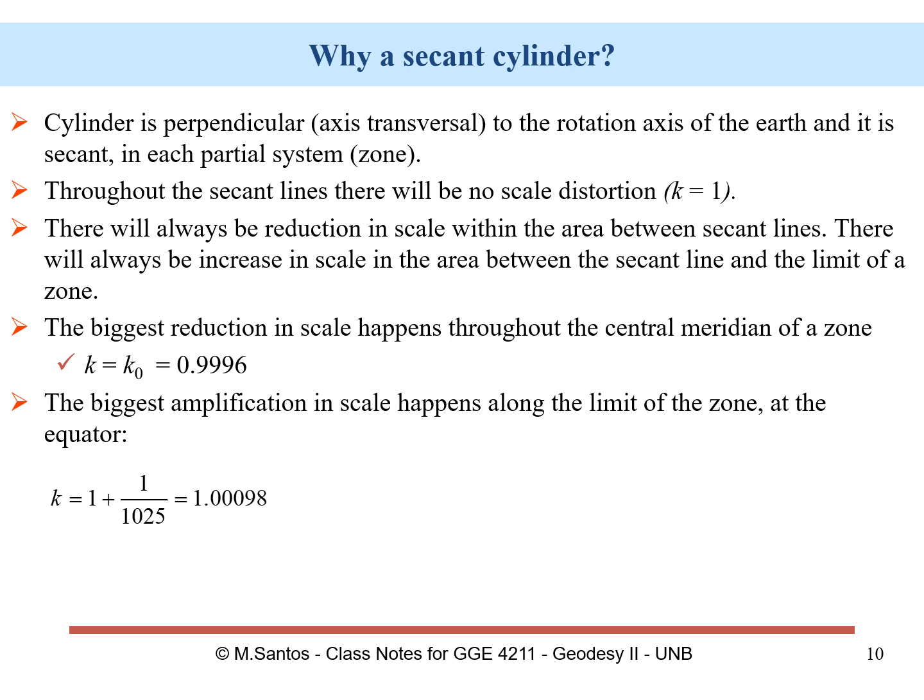This is very important, and that's something that you essentially have to memorize. You memorize that until it will come in the blood. Anyway, the biggest amplification in scale happens along the limit of the zone at the equator, where the coefficient of deformation equals 1.001.